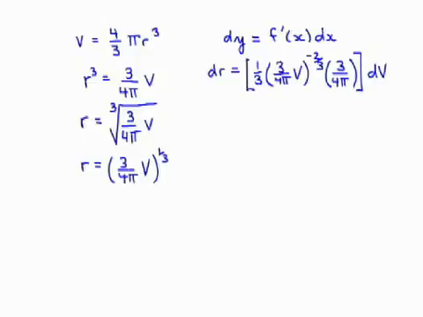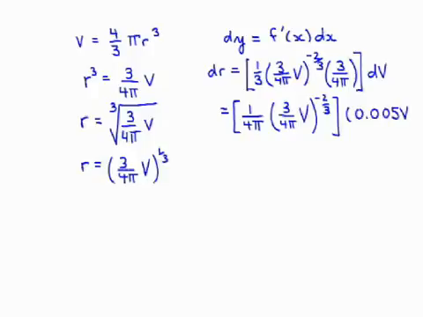So we end up with 1 divided by 4 pi times 3 divided by 4 pi times V, all raised to the negative 2/3. dV, in this case, is half a percentage of the true value, or half a percentage of V, which would be expressed as a decimal as 0.005V. So we now have the expression for dr. It's not very pretty, but we do have the expression for dr.